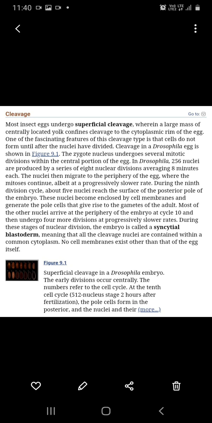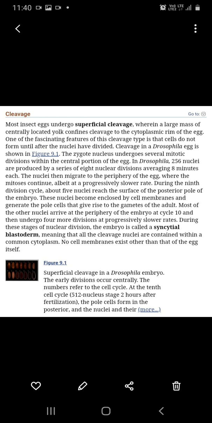So, about the insect egg, we know that most insect eggs undergo superficial cleavage. That is, once one cell divides, its nucleus divides, the division of nucleus is fast as compared to division of the cytoplasm. Therefore, what we get?